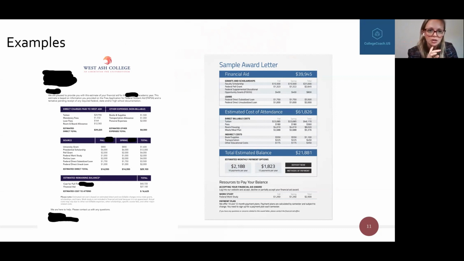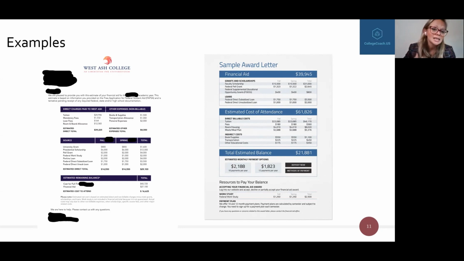Here on the left, you see West Ash College. They split up your direct charges and other expenses. So what this means is the direct charges are going to come on your bill that you're going to have to pay to the school. So that's your tuition, your fees, it looks like they have some loan fees. I don't know what it is, and then room and board.